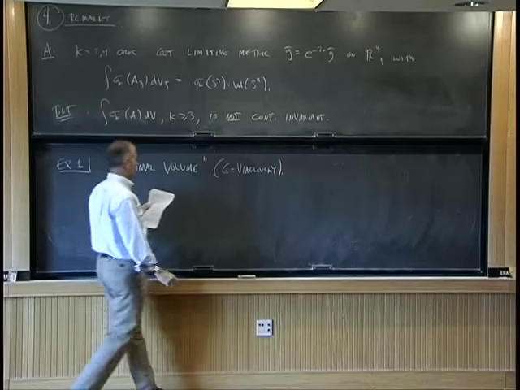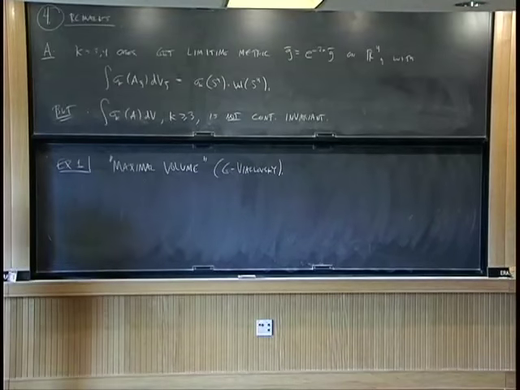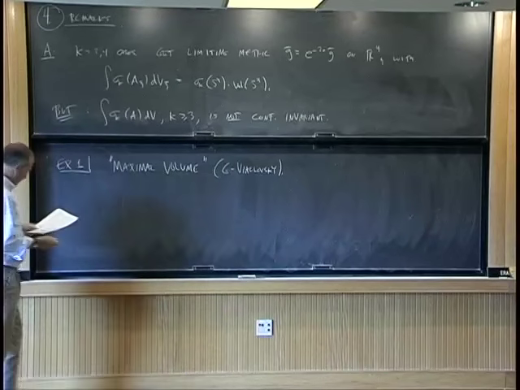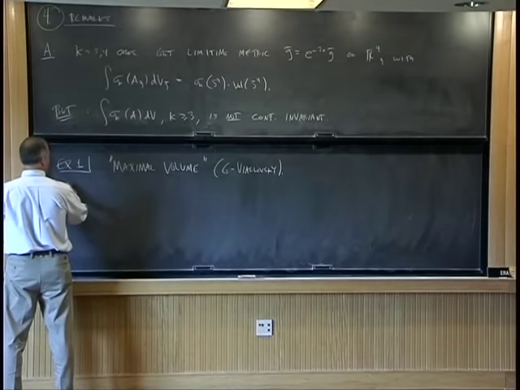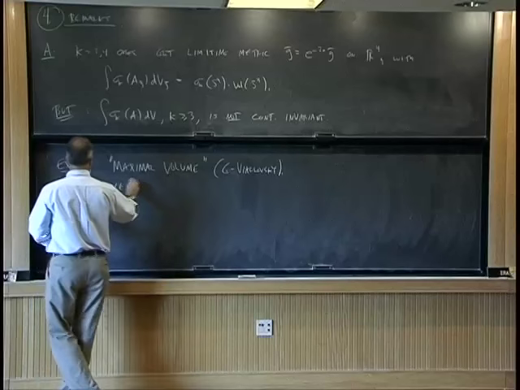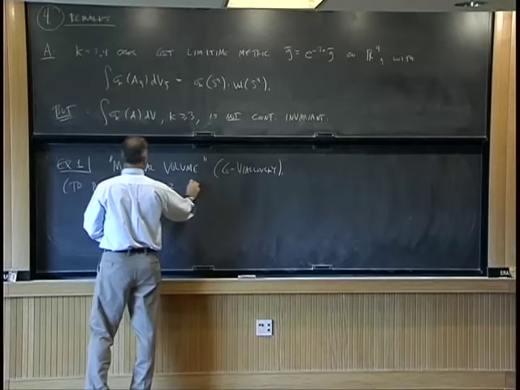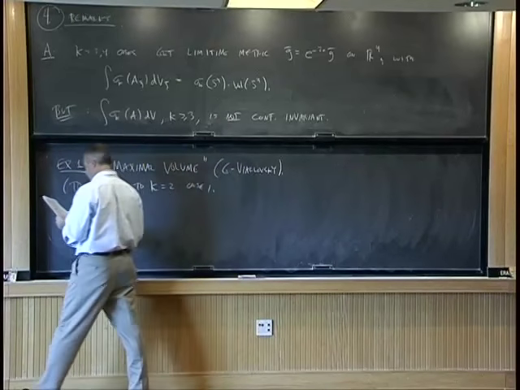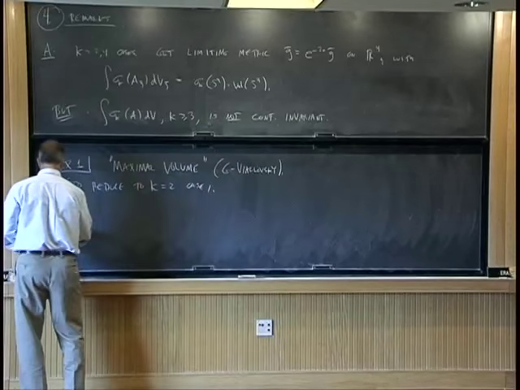This works well in 4 dimensions where you can compare things back to sigma 2, but in higher dimensions it doesn't seem to be as easy to compute. So the idea here is you just want to reduce to the k equals 2 case. The basic idea is the following. You define the following invariant of a conformal class.